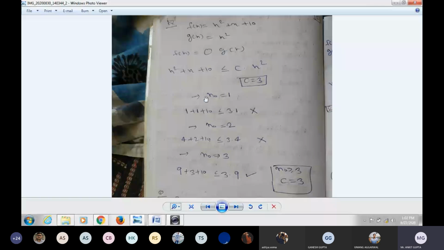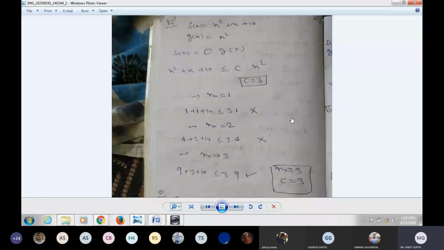Condition is true or false? Tell me. Here 1 square, that is 1 plus 1 plus 10, less than equal to C is 3 into 1. Condition is true or false? False. The condition is false.